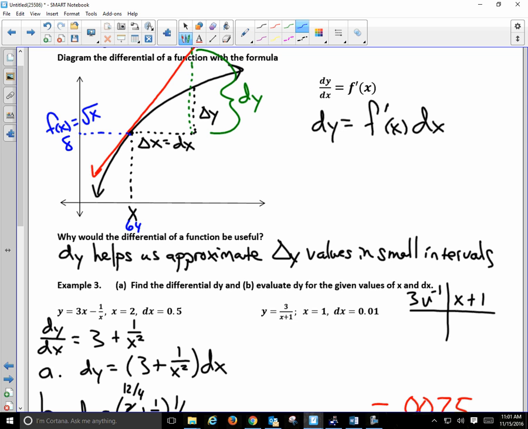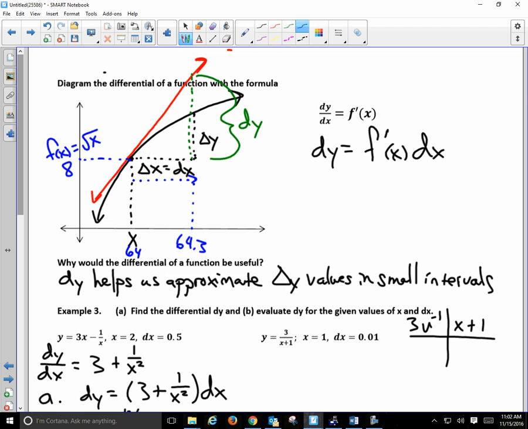It's going to be 8, right? Well, suppose I don't want to know the square root of 64, but the square root of 64.3. That'll be more difficult, wouldn't it? So the fact is I don't actually find the exact value of the square root of 64.3.